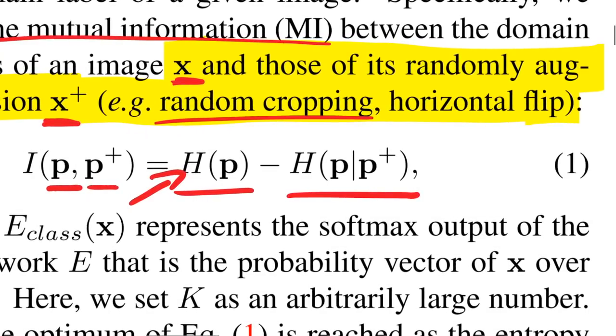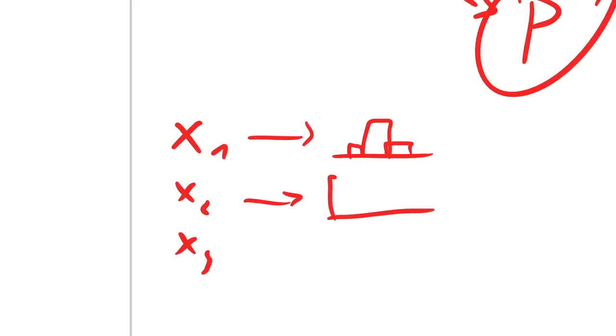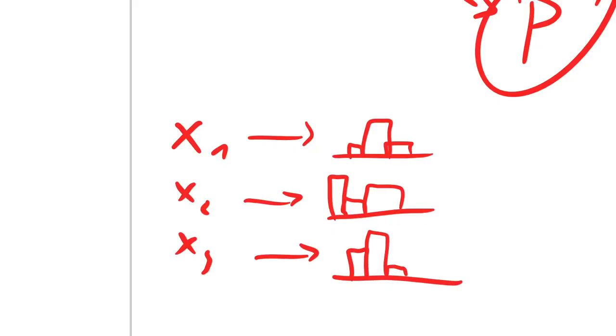What it means is that we want different X's, so if there's X1, X2, X3, and so on, we want those to have different distributions in labels. So if the entropy of the distribution P is really high, that means that different images get assigned to different classes.